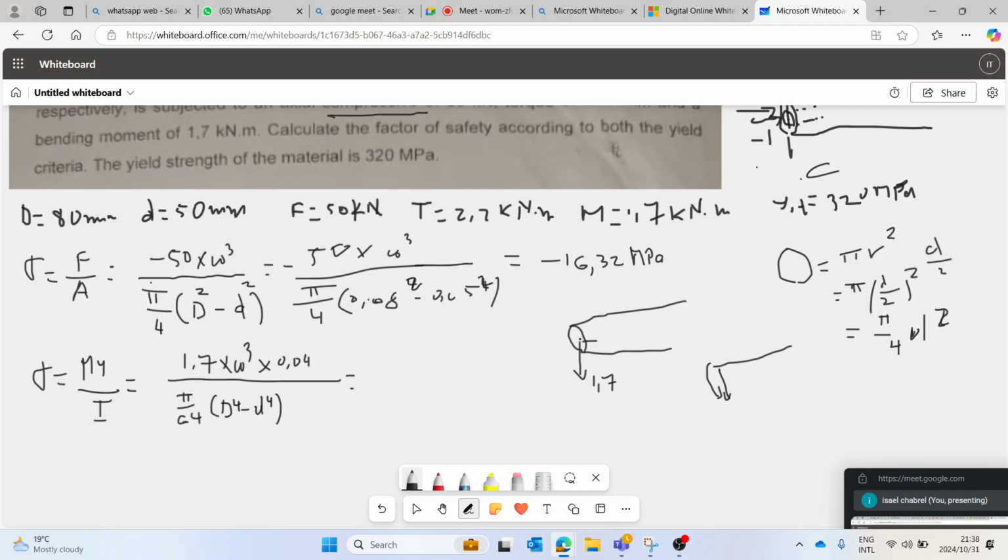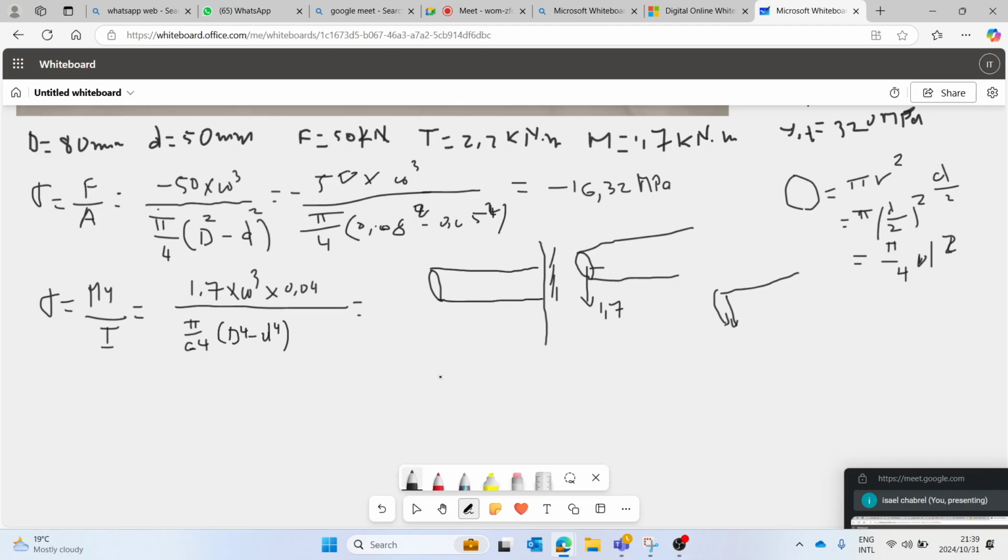This is bending. But now, let me try to put it practically. If this is attached to a wall, this is before bending, and now I have bent it. Do you agree that on this side, because of my bend, there is a displacement created here?